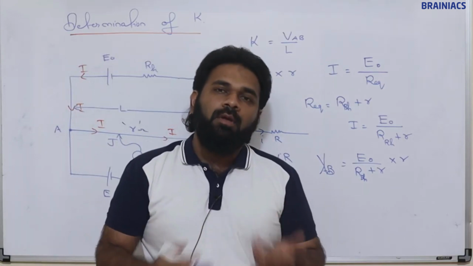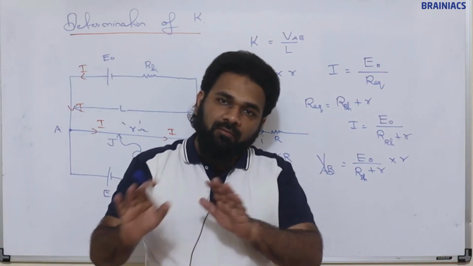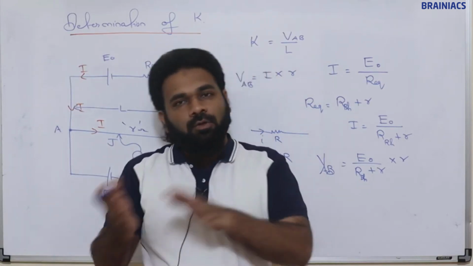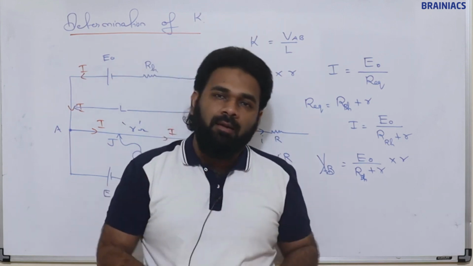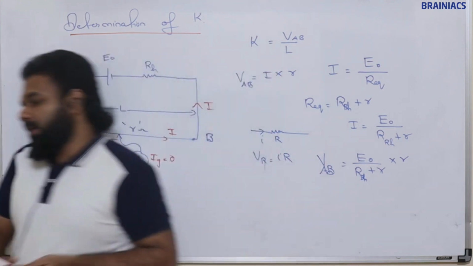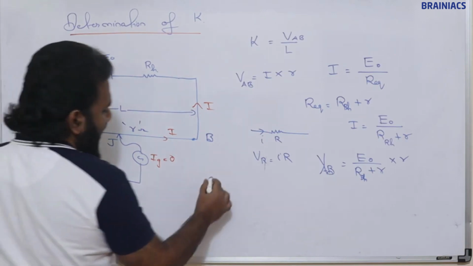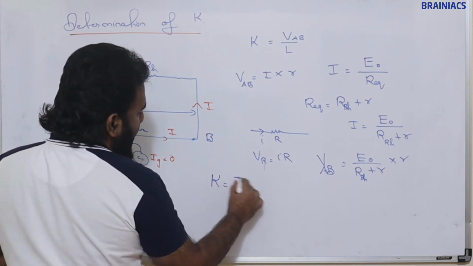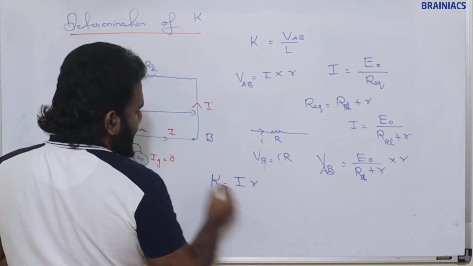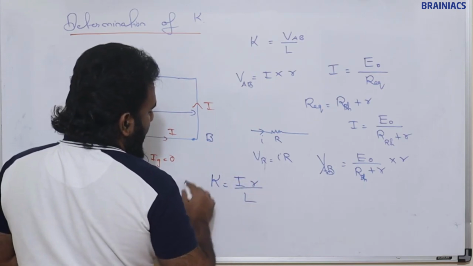Just like how we usually solve a circuit, in the same way just find the current into r divided by L, and we will get the voltage gradient. Clear? So we can simply say K is equal to I into r divided by L.